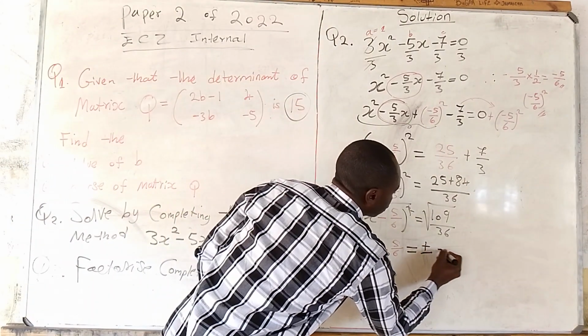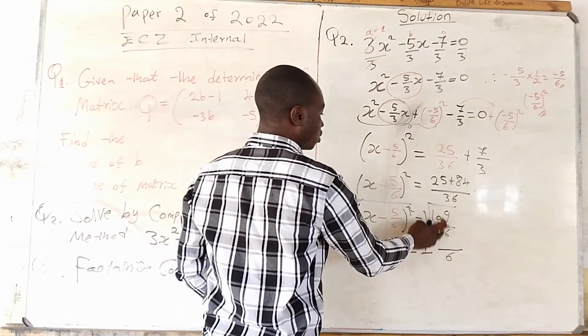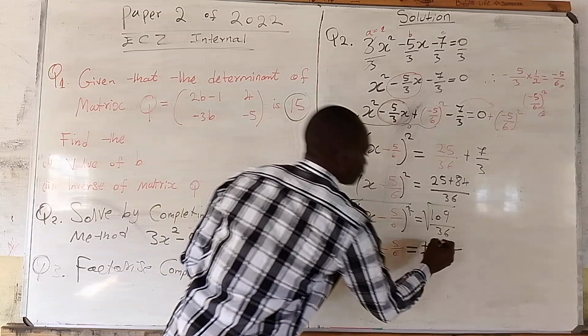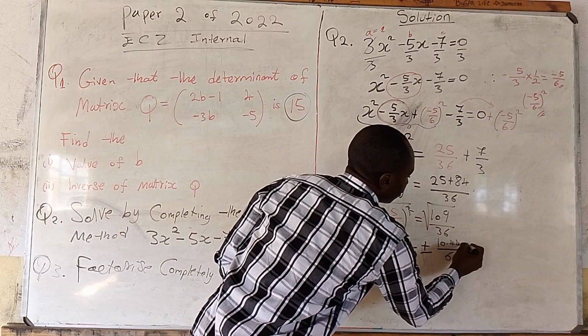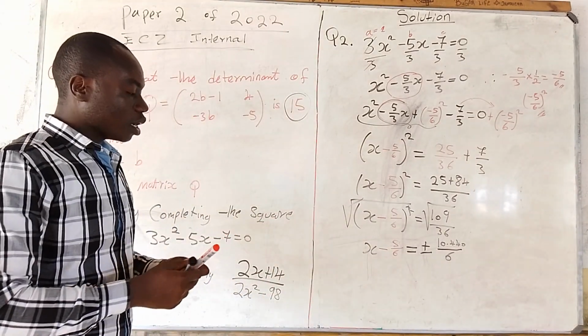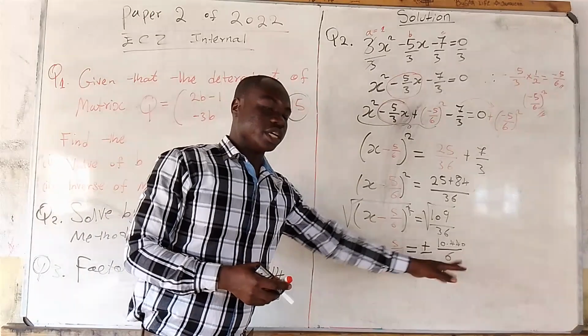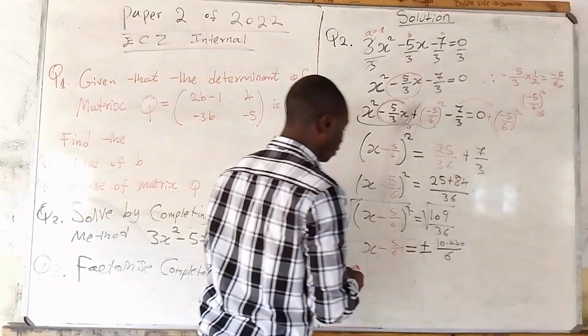We know that the square root of 36 is 6. Now the square root of 109 is 10.440 and some numbers, but you can just write that to 3 decimal places. Alright, so that's what we have.